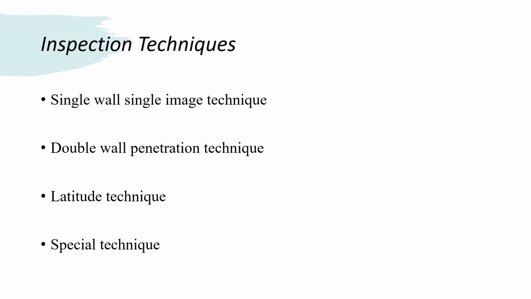Second part, the inspection technique. With the various techniques available, the choice of the appropriate one is made on the basis of geometry, size, sensitivity requirement, in situ space availability, etc. The techniques followed for various engineering components for radiographic inspection are: single wall single image technique, double wall penetration technique, latitude technique, and the spatial technique.